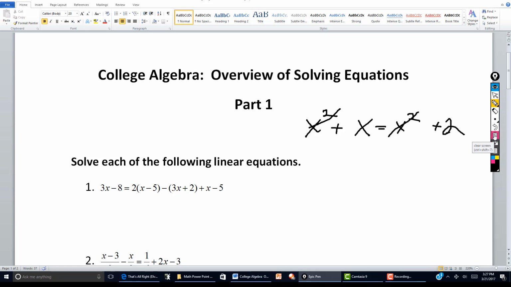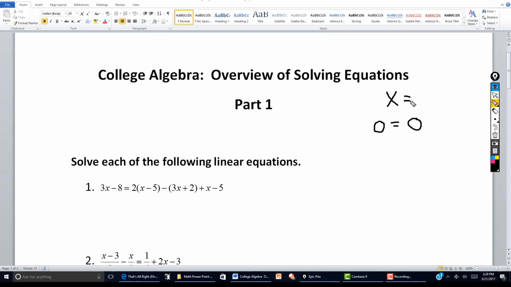Also, I want to remind you that anytime you're solving one of these types of equations and you get something like, say, 0 is equal to 0, that's basically telling you that you have an infinite solution. A very basic example would be if I give you x equals x.